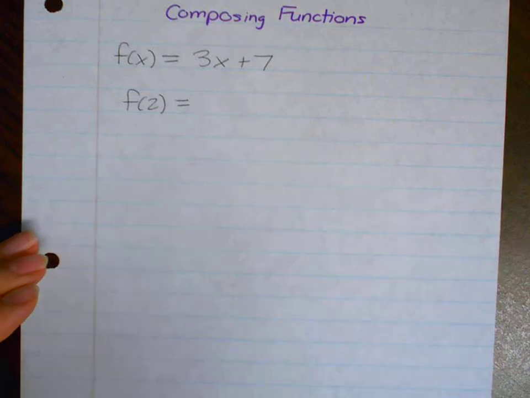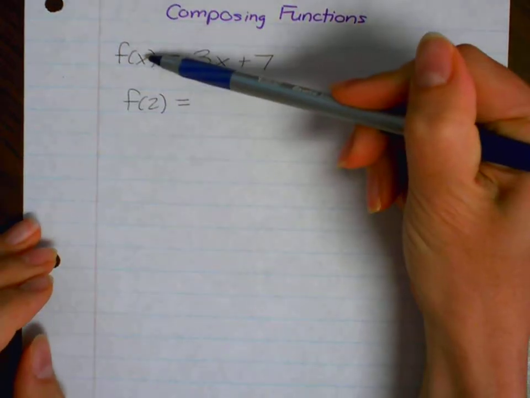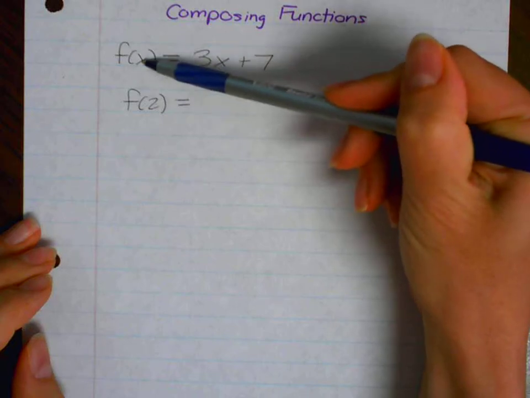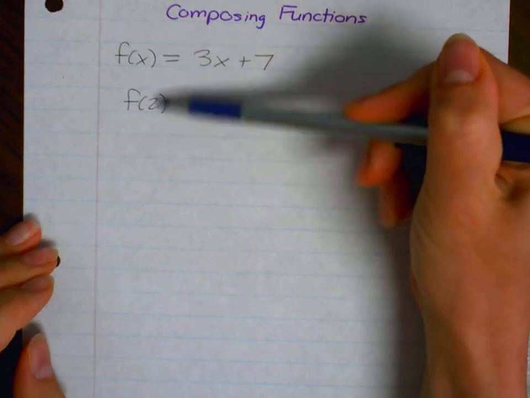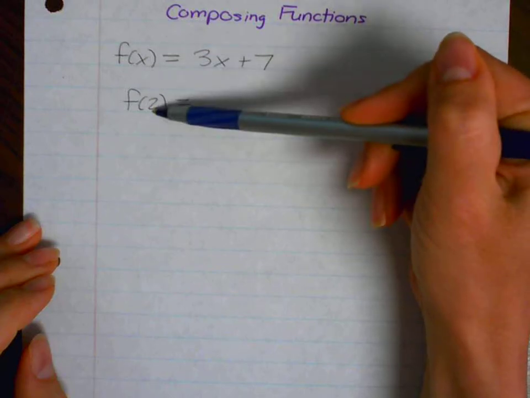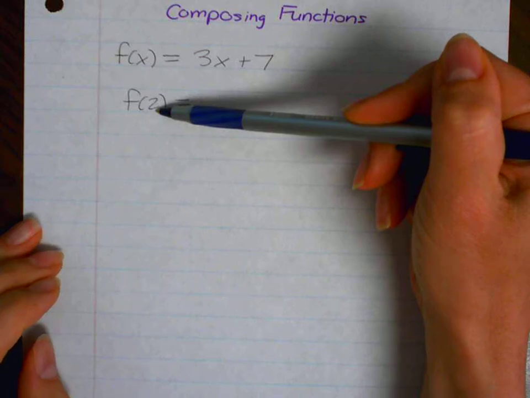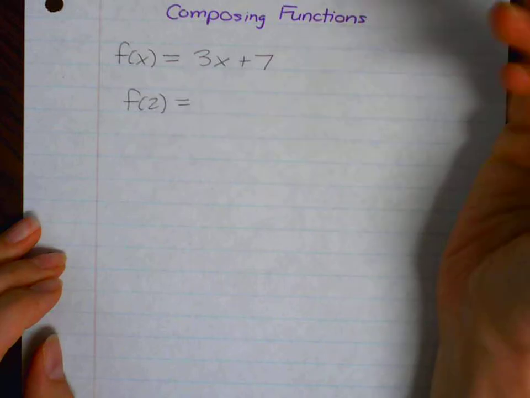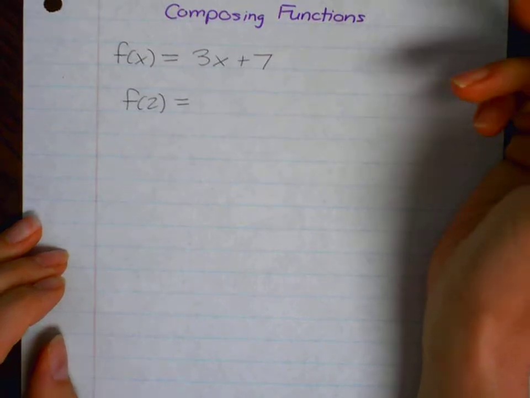So if you remember from Algebra 1, we saw the x in the parentheses and the 2 in the parentheses, which helped us remember that that is our input, that's our x. So we're saying here x is 2. That means everywhere there is an x, we are going to replace it with 2.